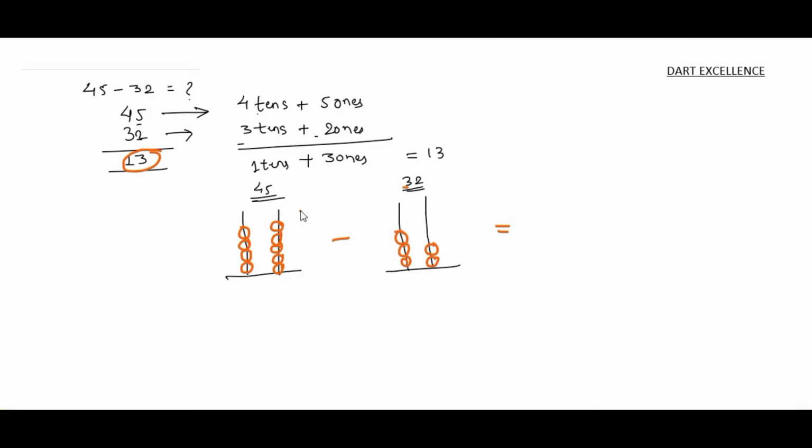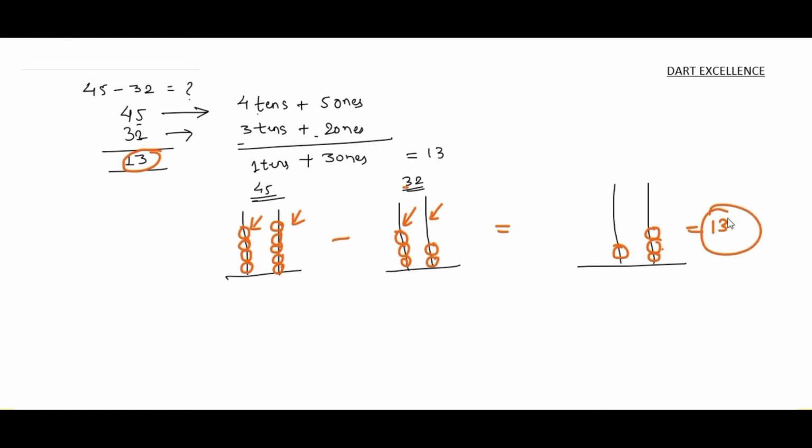In ones wire from 5 beads, when we take away 2 beads, what do we left with? We will be left with 3 beads in ones wire, and in tens wire from 4 beads, when we take away 3 beads, what do we left with? 1 bead. So the answer will be 13.